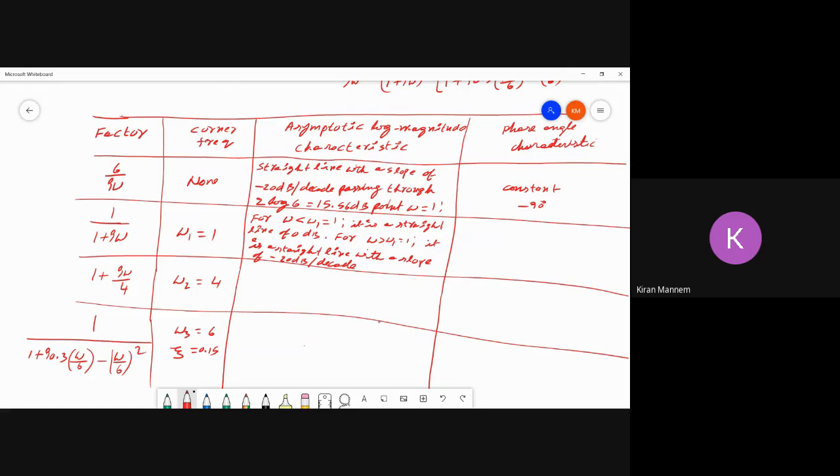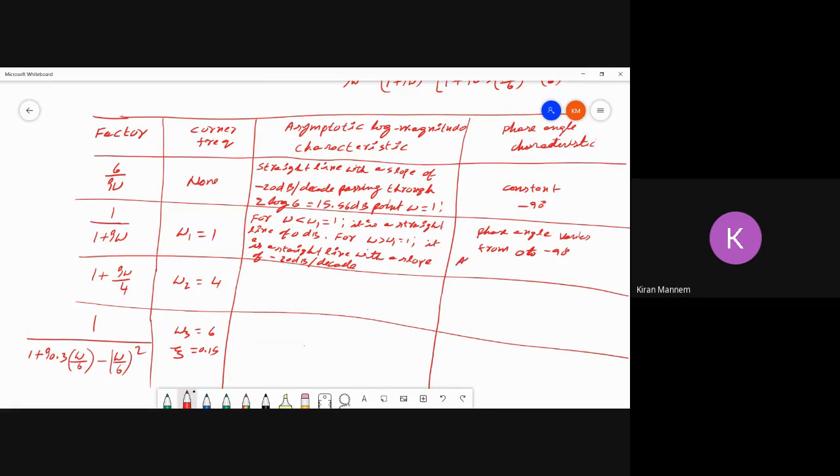Now what's the phase angle? Phase angle varies from 0 to minus 90 degrees, right?